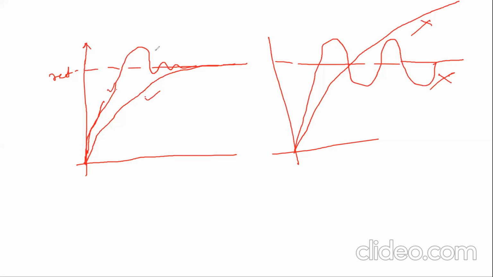But most of the time we want a fast response. An overdamped system has a slow response, or is sluggish, as compared to underdamped. This is the underdamped.